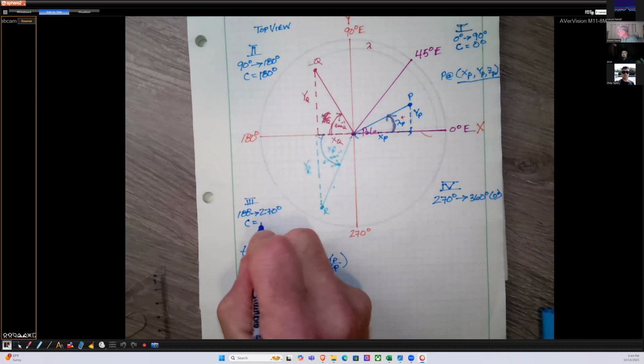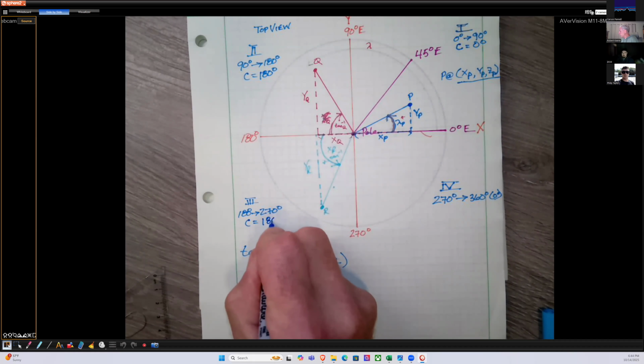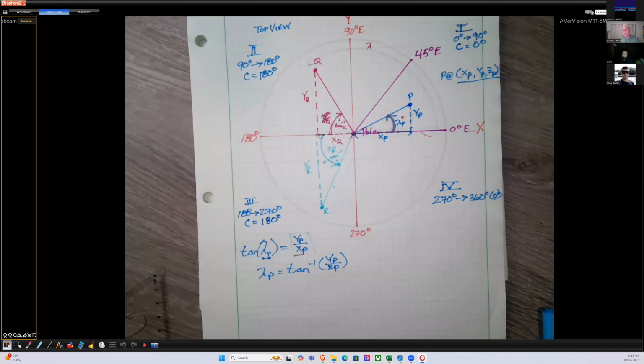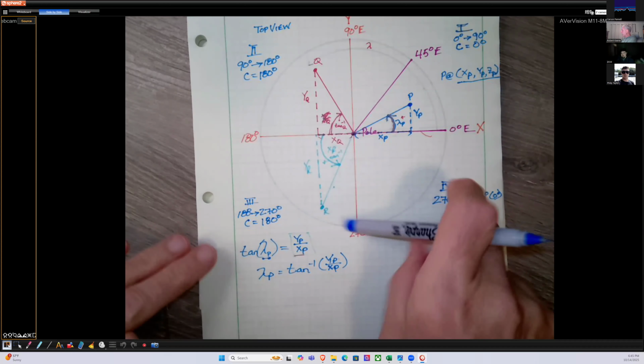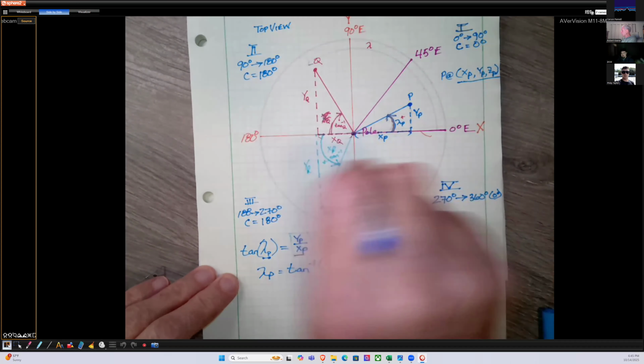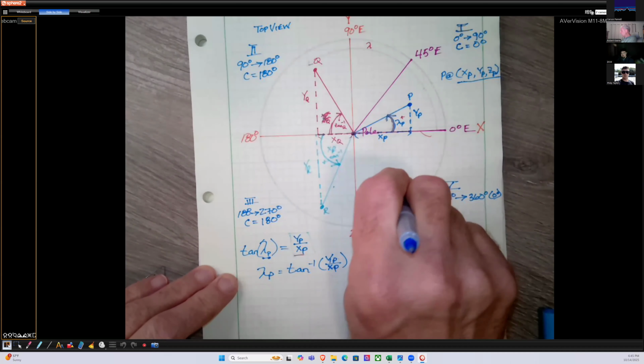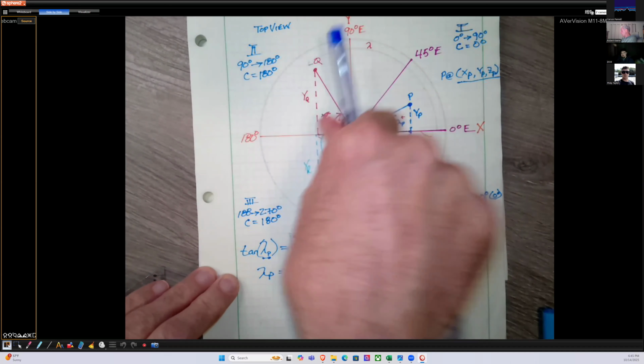This should be really familiar. This is exactly how we form our correction constant when we're determining azimuths. It's just kind of flipped, because with azimuth, we add 180 if it's in the southern hemisphere. Here, we're concerned about east and west hemisphere.